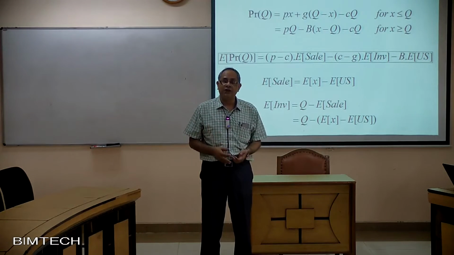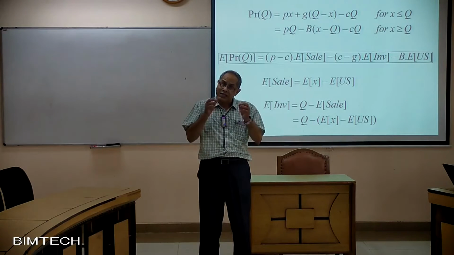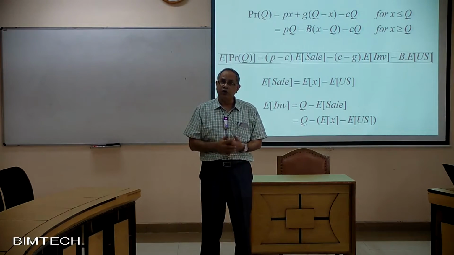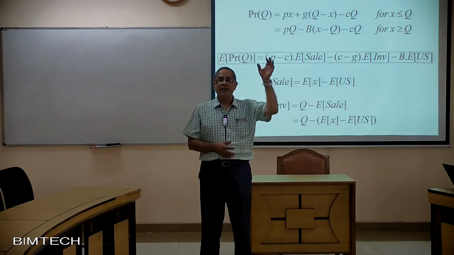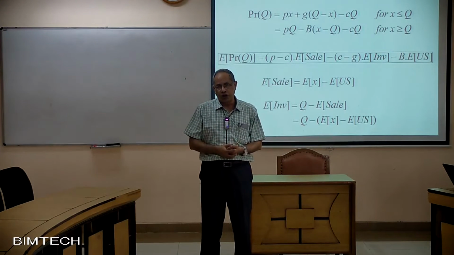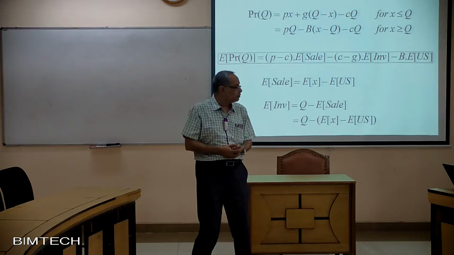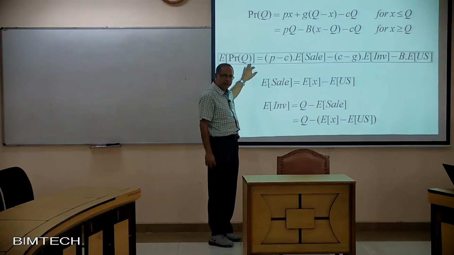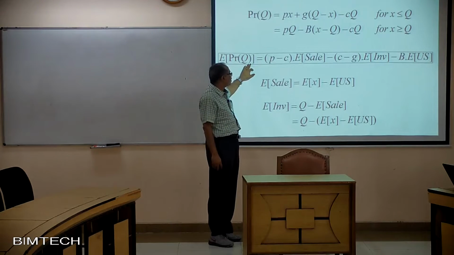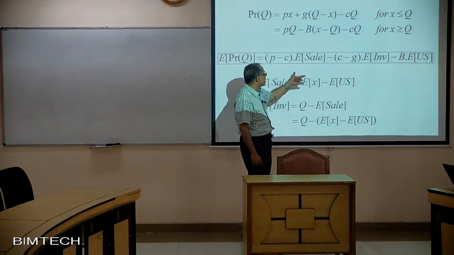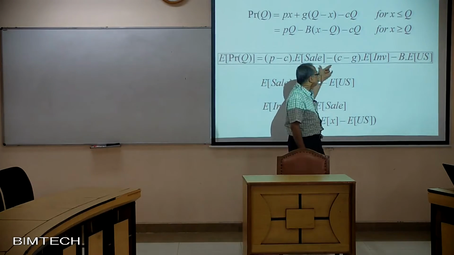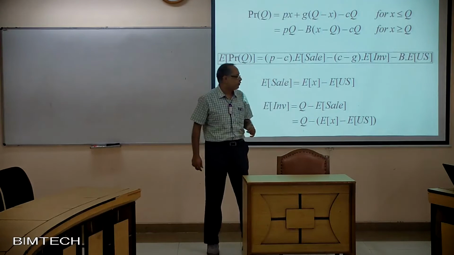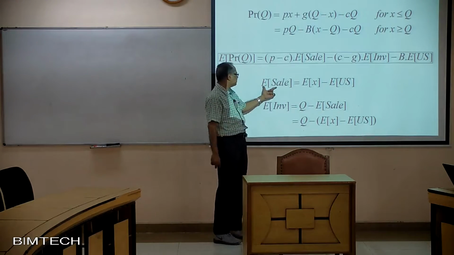So I hope that clarifies that, yes, at the same time, we can have both expected inventory leftover and expected units short. Good. So far, we have been able to navigate through this formula. The only question you might ask is, what is this expected sale or expected inventory or expected units short? So for that, let us understand this.